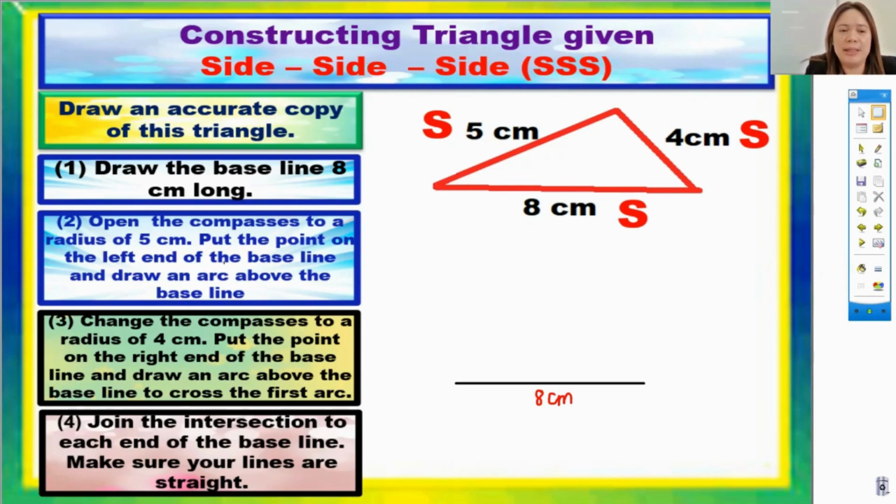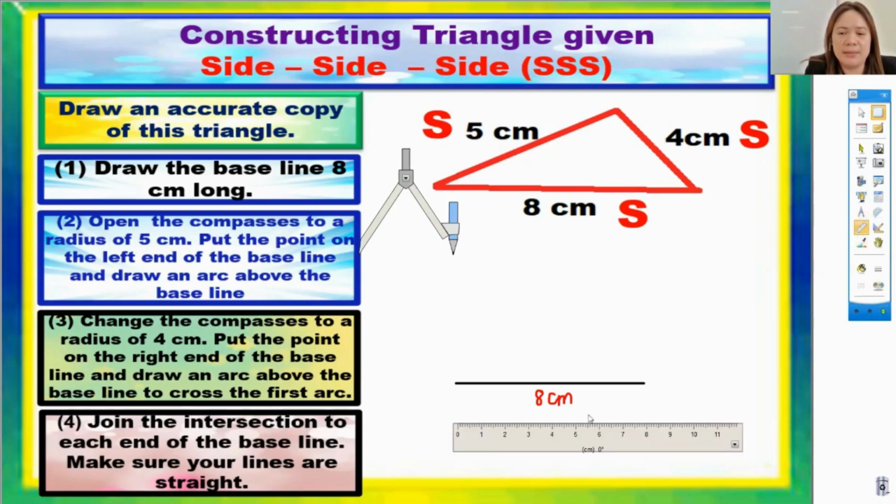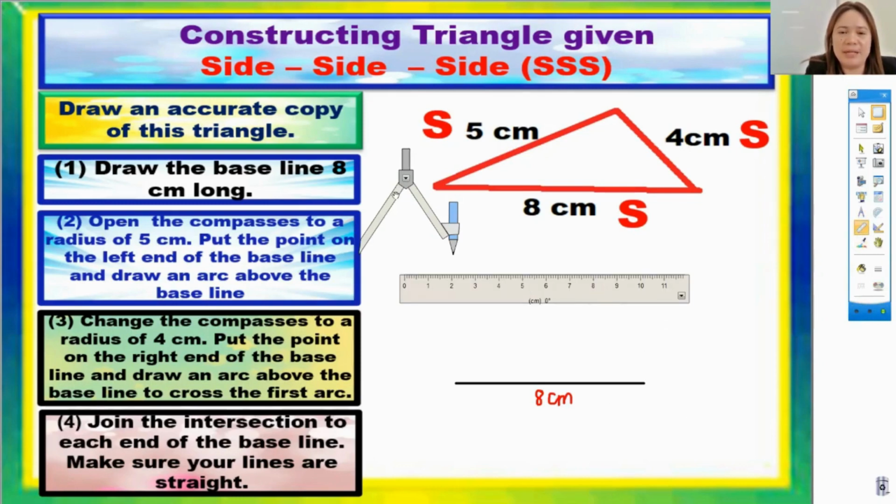Number 2, we need to open the compasses to a radius of 5 centimeter or to a length of 5 centimeter. So I need here compass and my ruler. So I need to have 5 centimeter because this is the length of the side of this triangle, 5 centimeters.